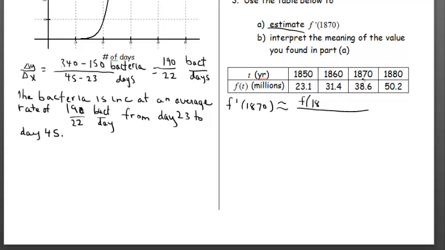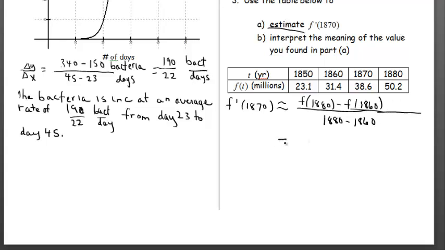It'd be okay to use 1860 and 1870 as your 2 points, or 1870 and 1880, but I'm going to go ahead and use the 2 points on either side of it. So it's the function f in the year 1880 minus the function in the year 1860 over the years 1880 minus 1860. I could include the units in my work here, but I'll do that in my next step.